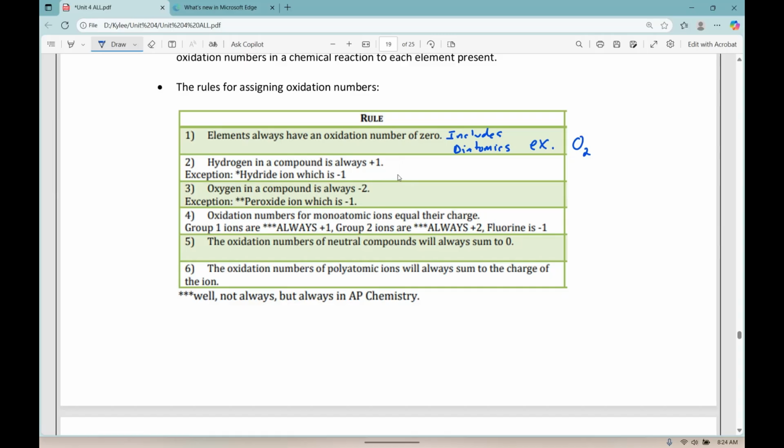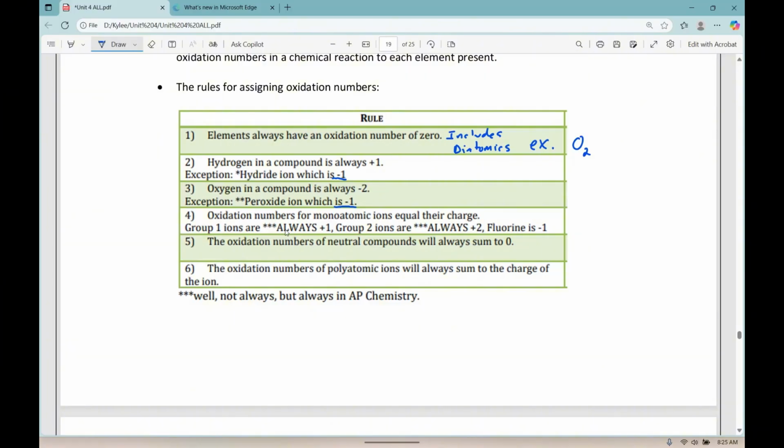Hydrogen, when it's in a compound, will almost always be +1, except when it's a hydride ion. It would be -1. Oxygen is always going to be a -2 unless it's peroxide, and then it becomes a -1. And then oxidation numbers for monoatomic ions will usually equal their charge.